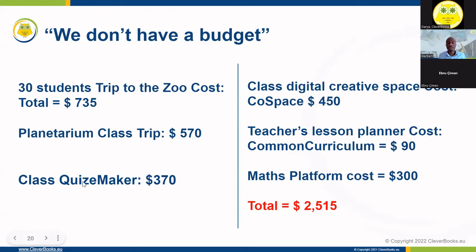Then if you have things like quizzes to make things exciting in the classroom, and this is the real price, a Quizmaker platform is going to cost you 370. And if you want to give students a space to create by themselves, you're going to have to spend 470 with another platform.